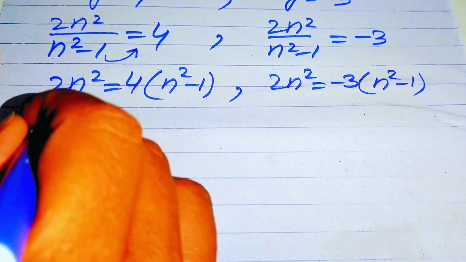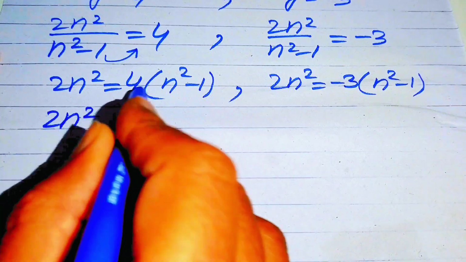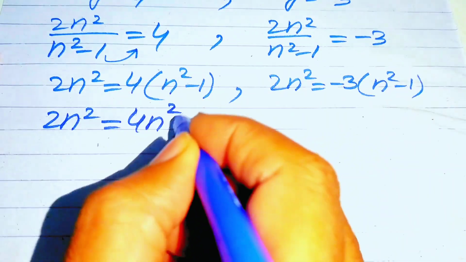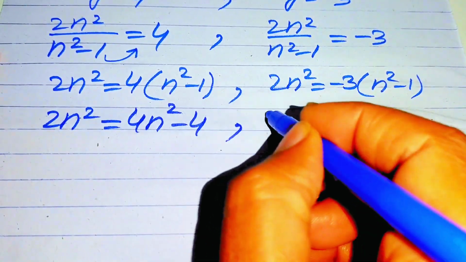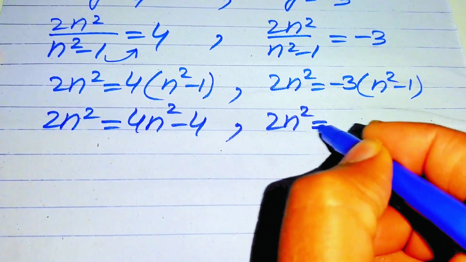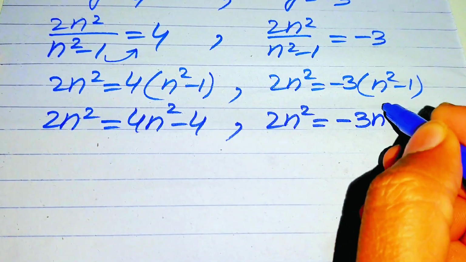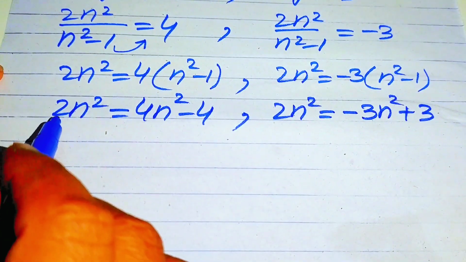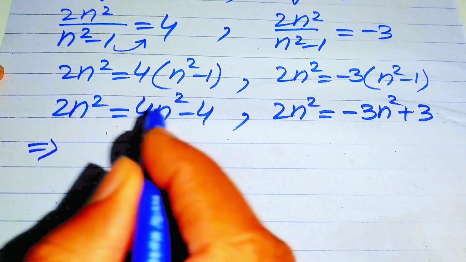In the next step we multiply out the 4, and it becomes 4n² minus 4, and here we get 2n² equals minus 3n² plus 3.